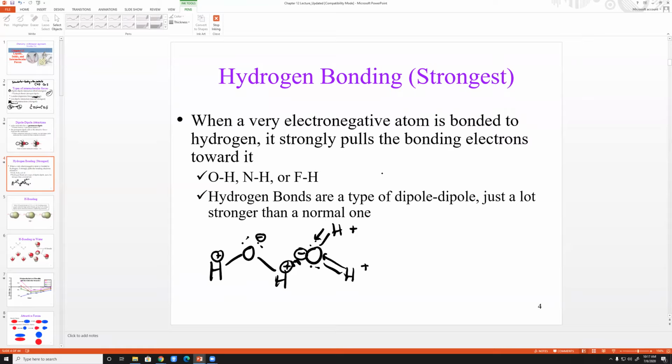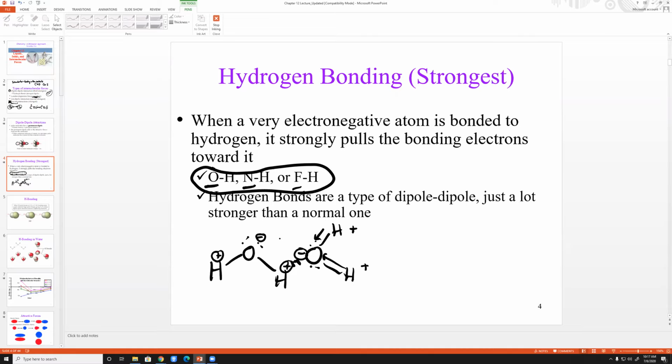For hydrogen bonds, this can only occur between molecules with these atoms: oxygen, nitrogen, and fluorine. That's the only way hydrogen bonds could occur. If you have one molecule with either oxygen, nitrogen, or fluorine with a hydrogen attached to it, and another molecule with oxygen, nitrogen, or fluorine with a hydrogen attached to it.